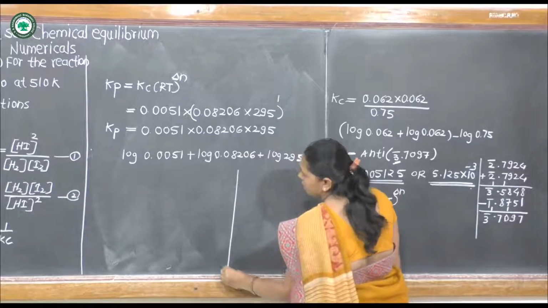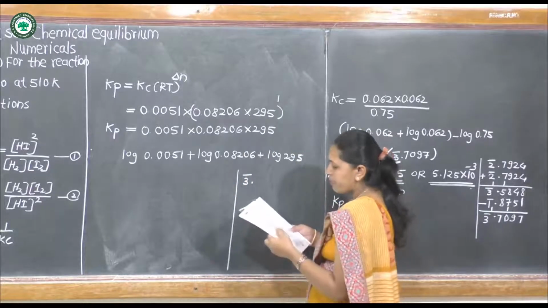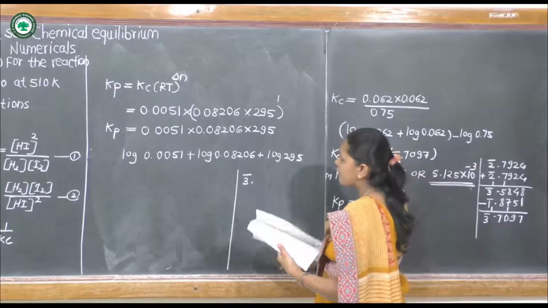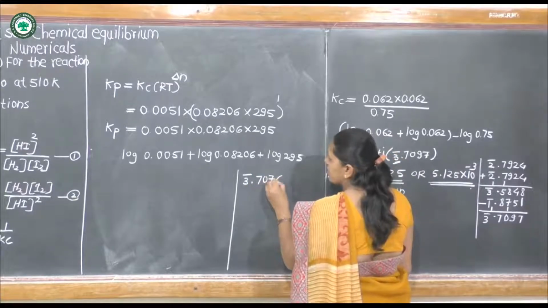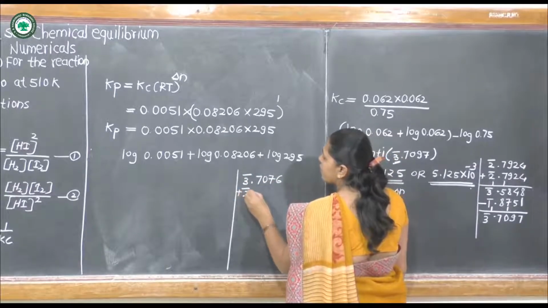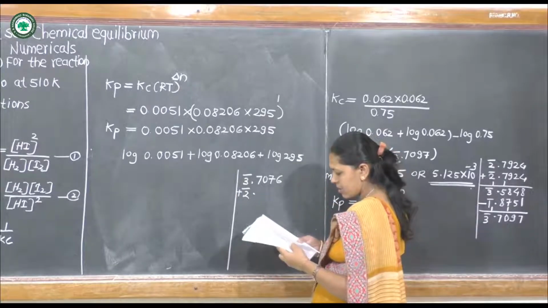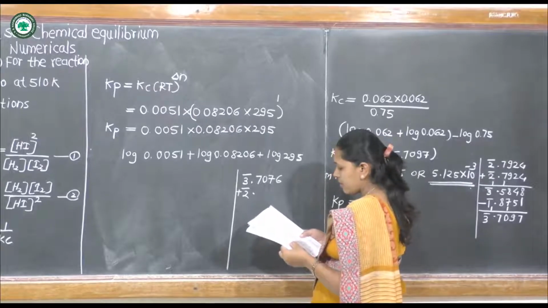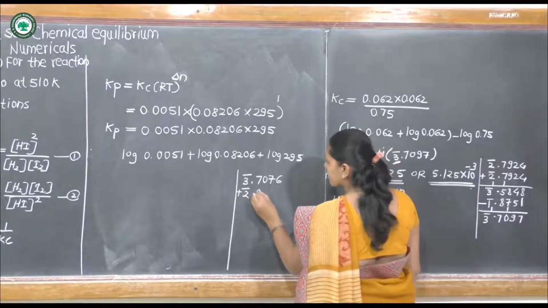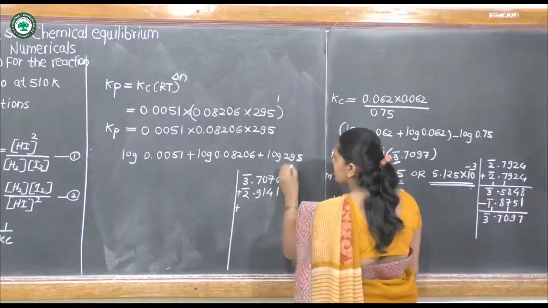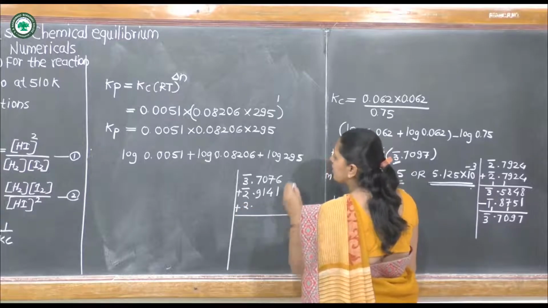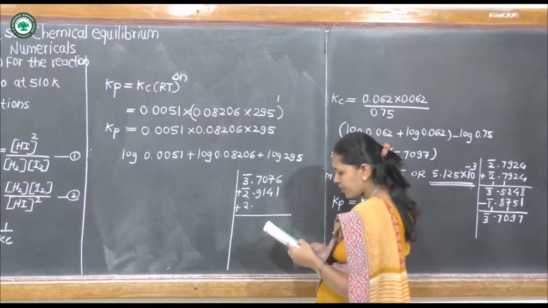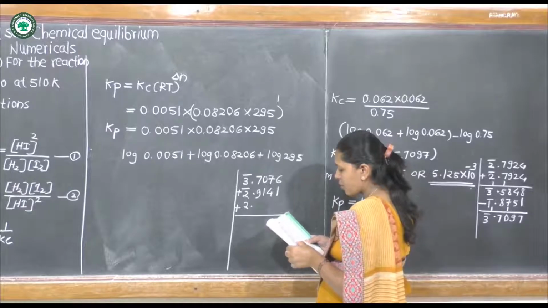Characteristic is bar 3, 51 into 0 7076, plus characteristic bar 2, 82 into 0 and 6 9141, plus characteristic of 295 is 2, 29 log of 29 in 5 4698.